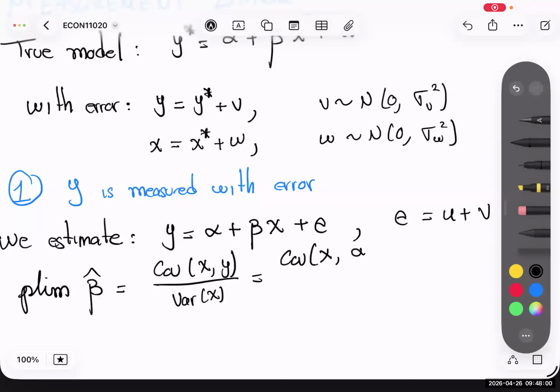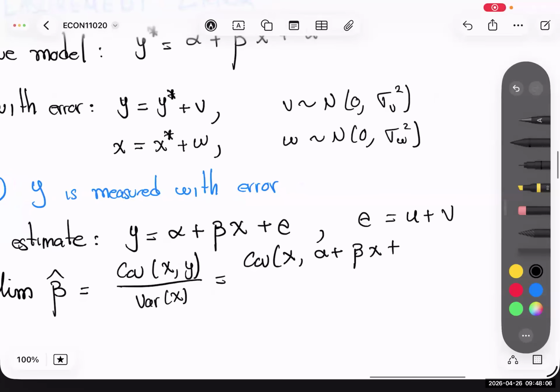In this case, it's alpha plus beta x plus, and now the correct definition of the error we said is u plus v, divided by the variance of x.